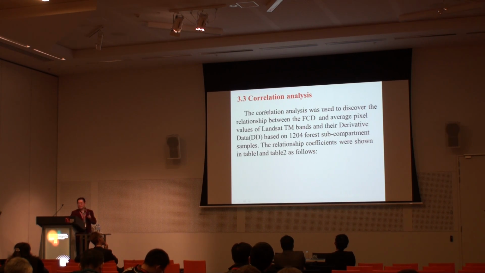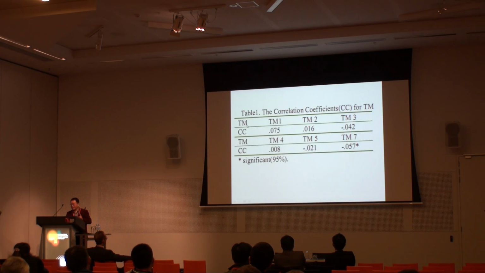First knowledge is correlation knowledge. You can see we find correlation coefficients for forest canopy density related to Landsat TM.